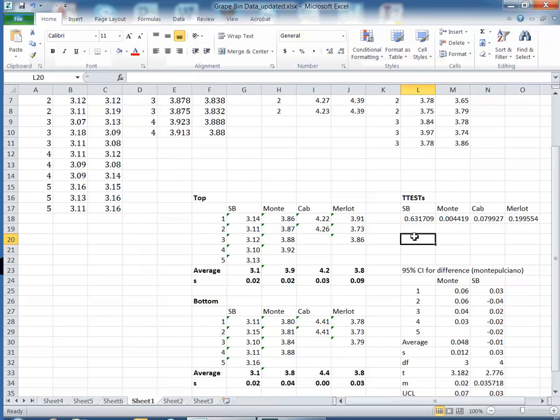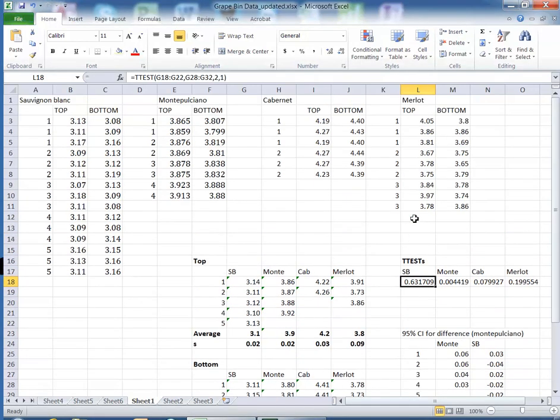First of all, we look at the difference between the 2 means, find a confidence interval where we think the true mean difference is, and if that confidence interval includes 0, then we say they're not significantly different. If it doesn't include 0, we say they are significantly different. That's one way of doing it, but the simplest way is just using the t-test formula in Microsoft Excel.